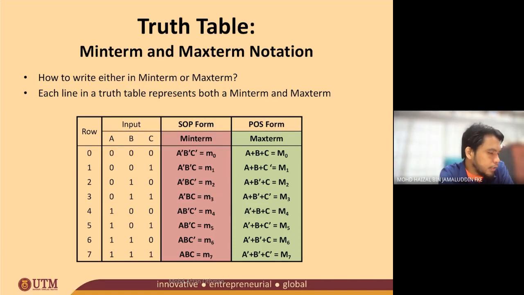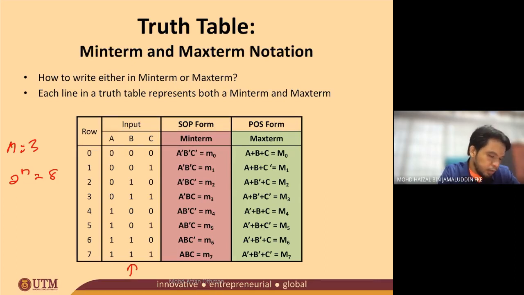Okay, for example, this is the case of 3 inputs. So n is equivalent to 3. So you have 2 to the power of n. So it has 8 possibilities. So that means you can write 000, 001, and so on for this.